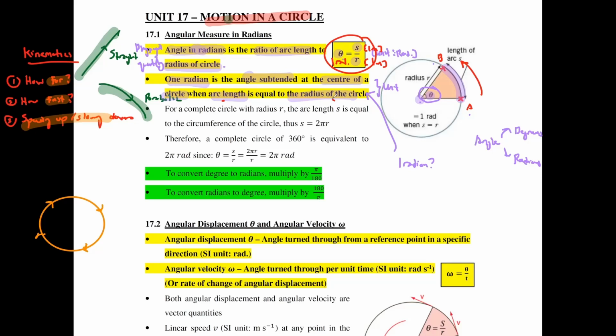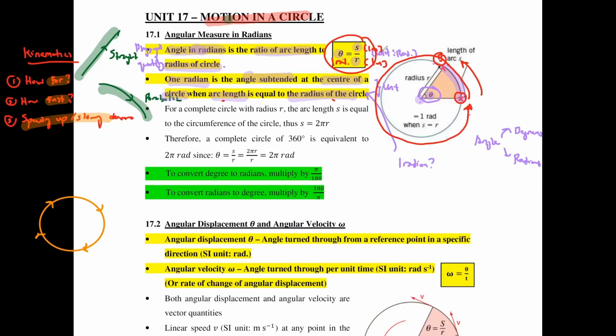So you say that 1 radian is when you have arc length equal to the radius of a circle. Then after that, just now I talked to you about the object moving from point A to point B. What about the case where it moves a full 360-degree circle like this?